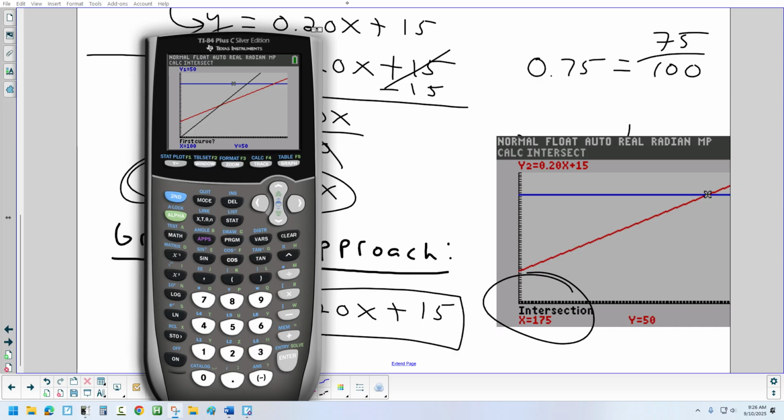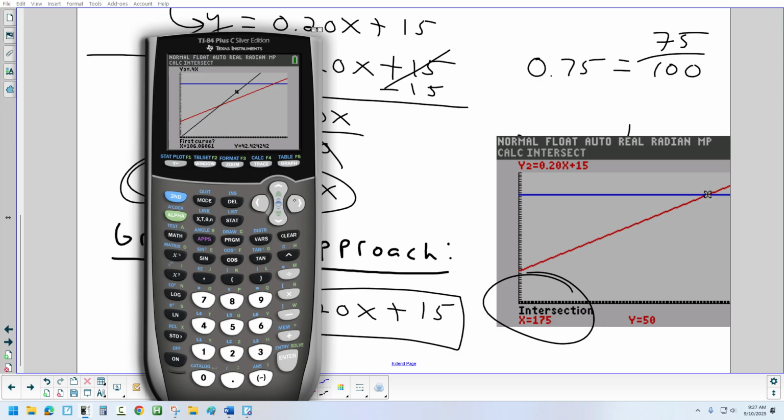Okay, so I said that I want to find the intersection between, what did I say, red and black? Was it? Okay. So right now, my cursor's on the blue. I need to tell the calculator the red and the black. And it doesn't matter which order I tell it, but if I press the up or the down arrow, it will switch to one of the other lines. Okay. Now I'm on the black one, and I can tell that two different ways. The font down here just turned black.